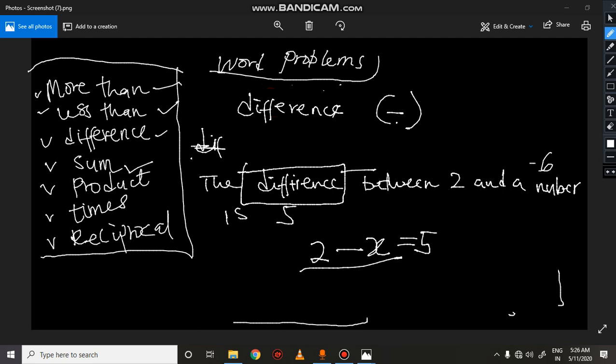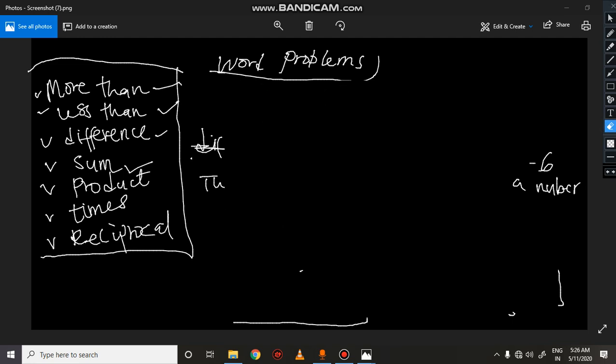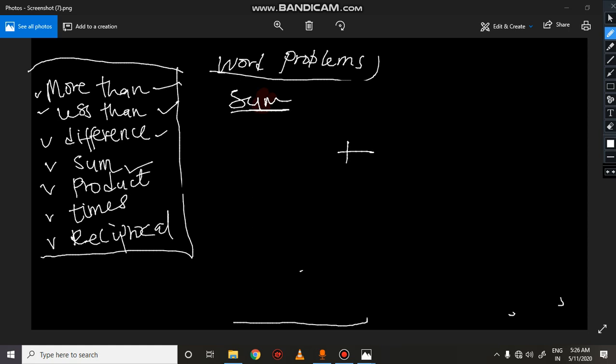So let's go to sum. Sum is the opposite of difference, which means if difference is negative, then sum will be plus, which is positive. So whenever you meet sum, you write your plus, then you read what is after.